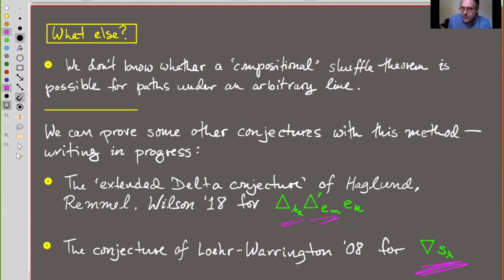The skew shape version you can write as an alternating sum of single row ones that looks like the Jacobi-Trudi identity. If you do that with the G's, there are mysterious Q powers in there that are hard to handle. But if you do it with the L's, it's completely straightforward. So there are a lot of things that they seem to shed some light on.